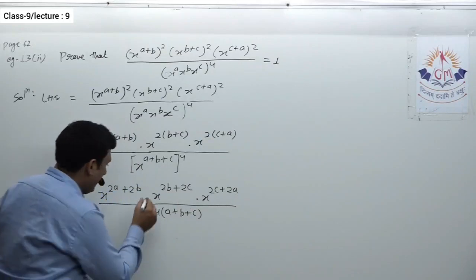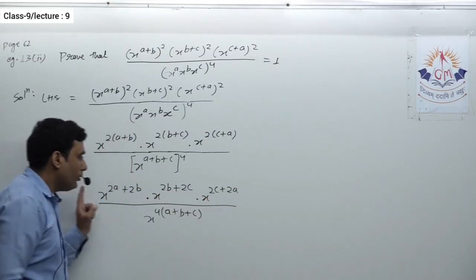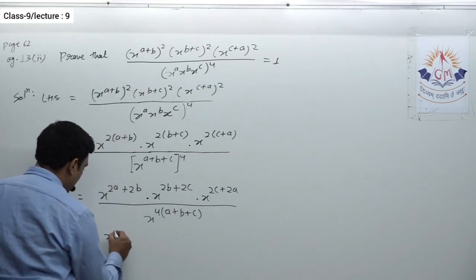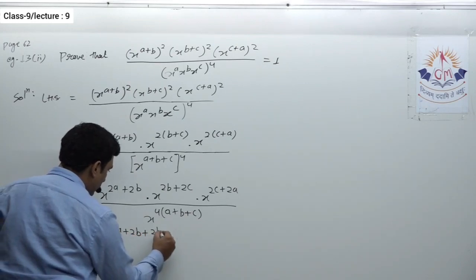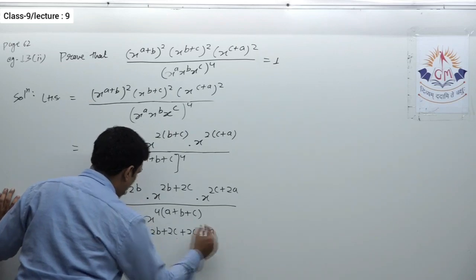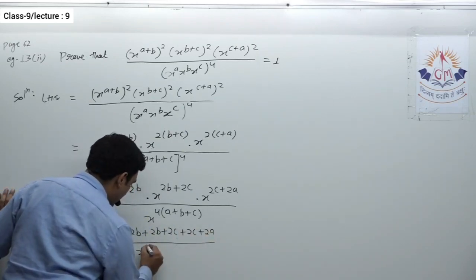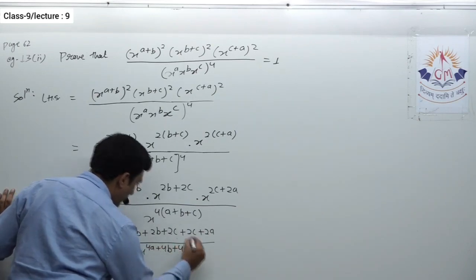Now over here in the numerator you can see the bases are same, so we can add the powers. So here I can write x raised to 2a plus 2b plus 2b plus 2c plus 2c plus 2a whole divided by x raised to 4a plus 4b plus 4c.